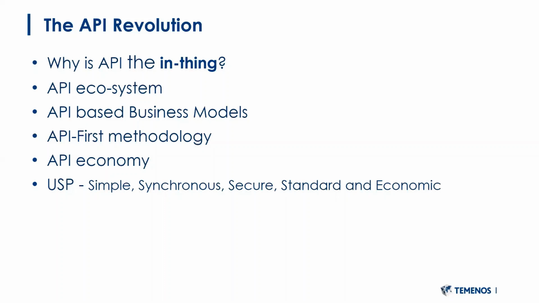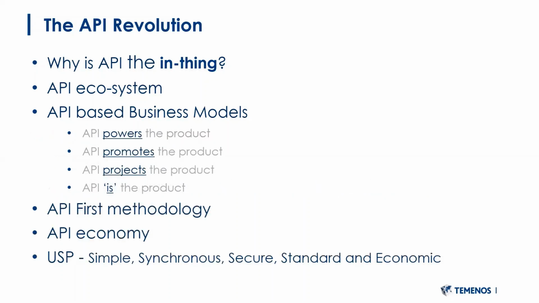It does not matter what industry I am in. I could be in, let's say, shopping, food, restaurant, manufacturing, banking, logistics, whatever. Several business models have evolved in the past few years based on API ecosystems. We'll classify them as four.